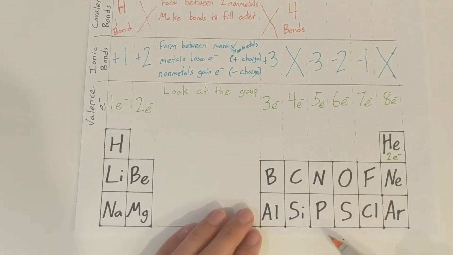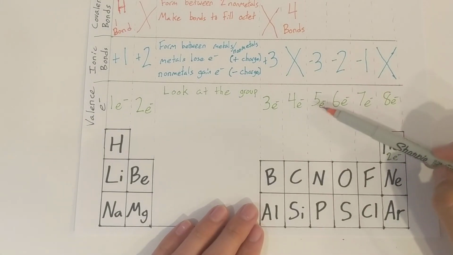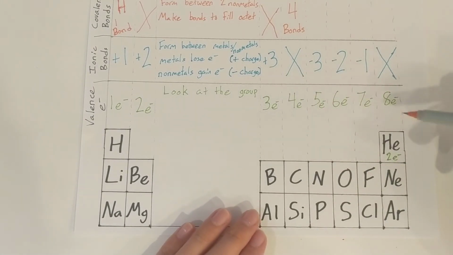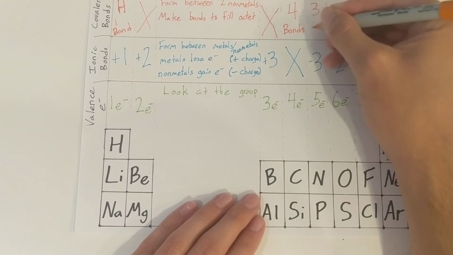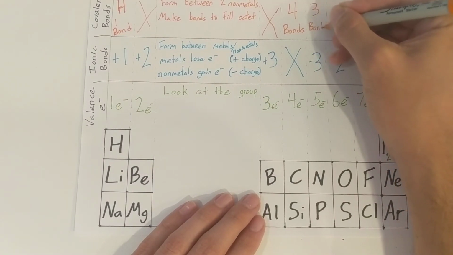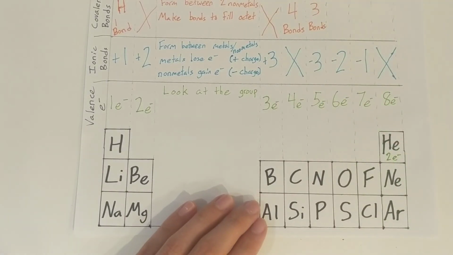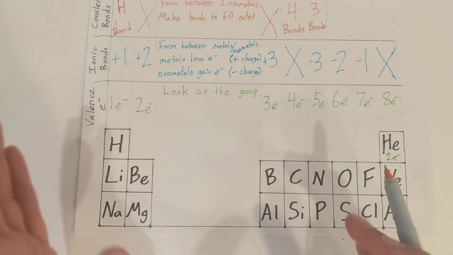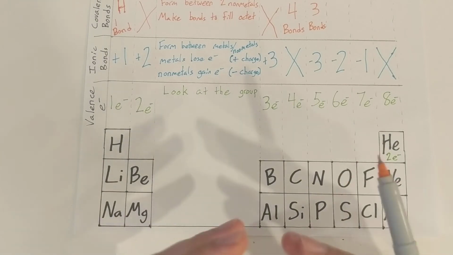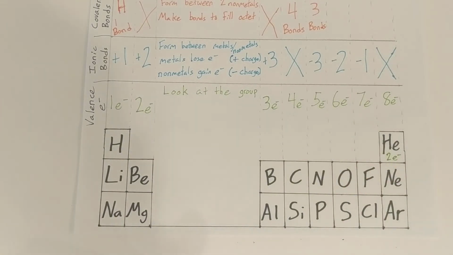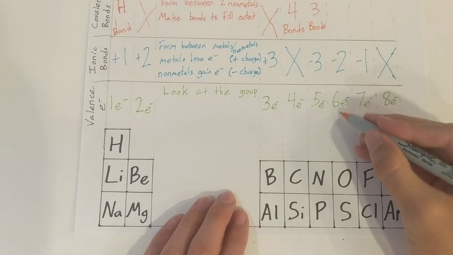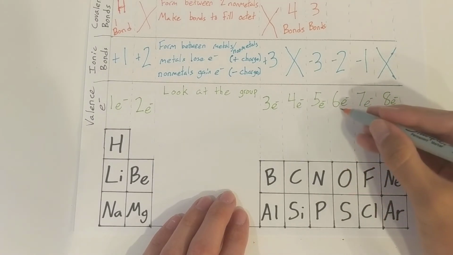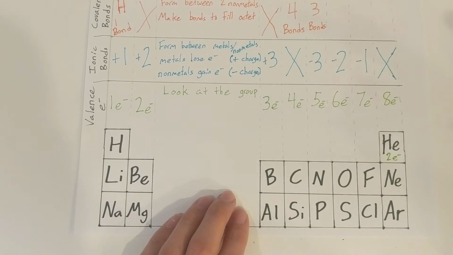In the next group over, they have 5 electrons, and they want to have 8 valence electrons. To do that, they will be making 3 bonds. So if you already watched the video of nitrogen bonding with a nitrogen, they form a triple bond because each nitrogen wants to form 3 bonds. And in the next group over, they've got 6 valence electrons, and want 8.